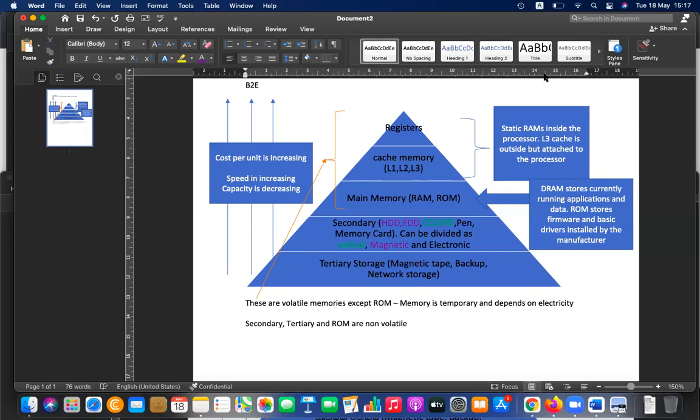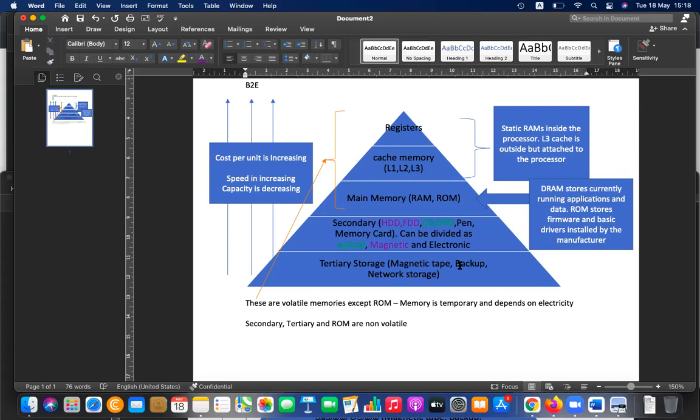So basically at the ground level, the tertiary storage or the backup, you keep data, it's like a large storage. So let's say it's like a bakery. Bakery has a large storage, floor and all.